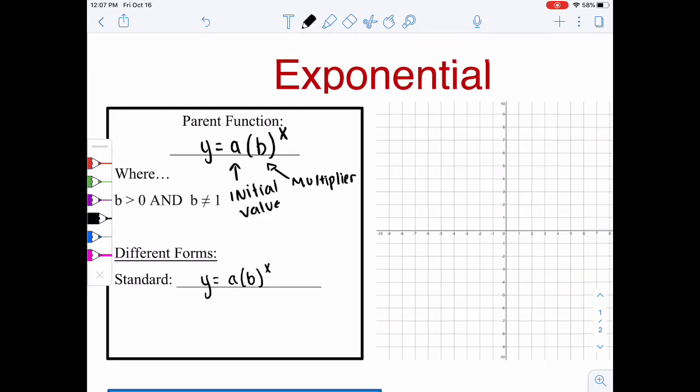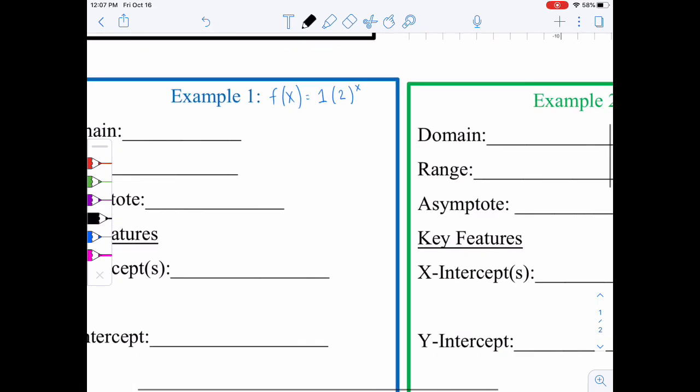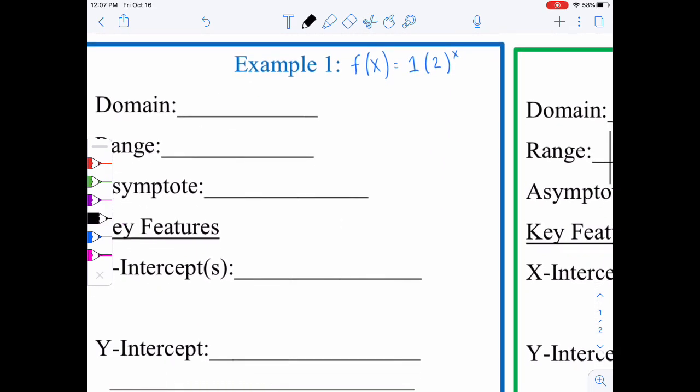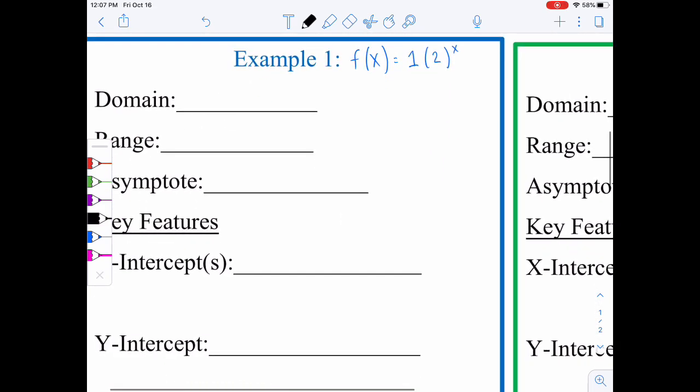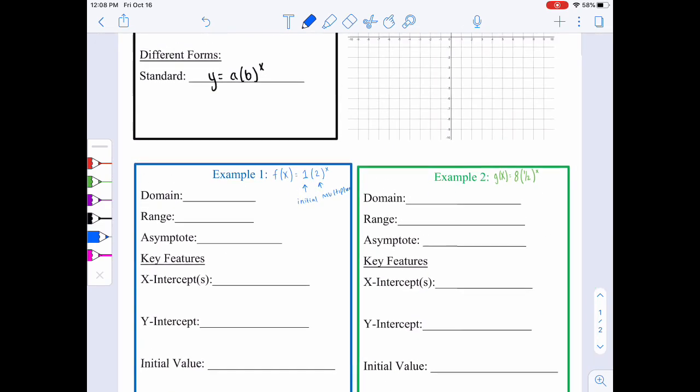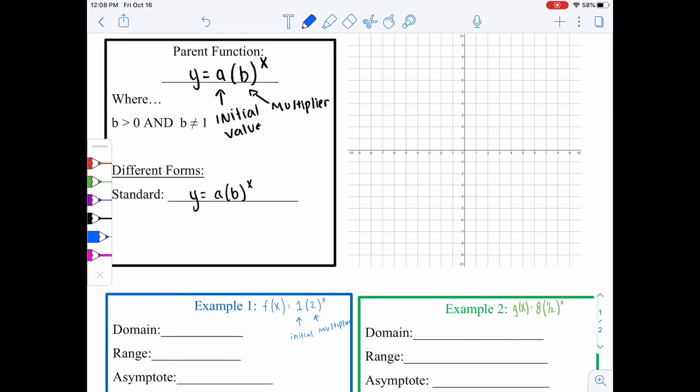Let's see a couple of examples. Looking at example 1, I see here is my initial value, and here is my multiplier. So let's go graph f of x. F of x equals 1 times 2 to the x power.